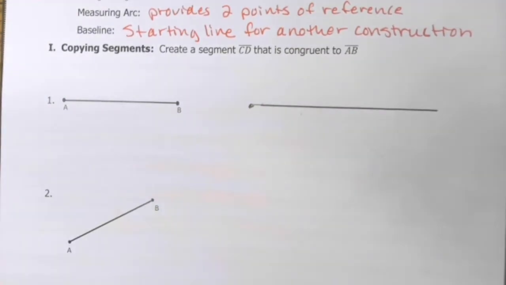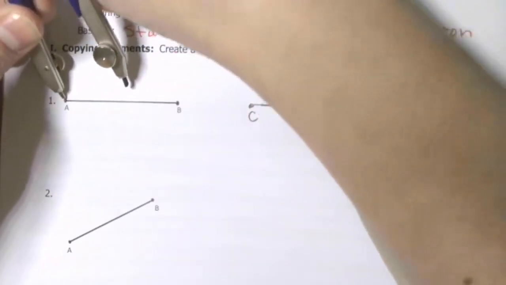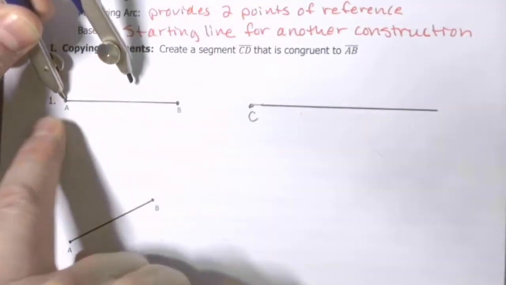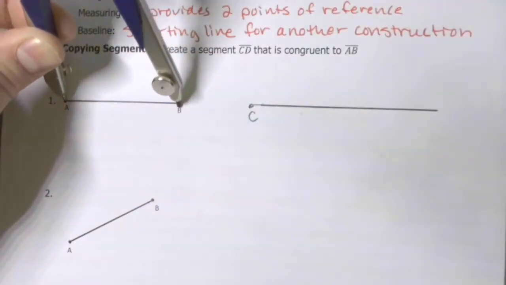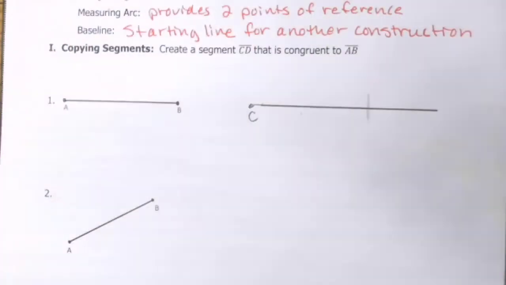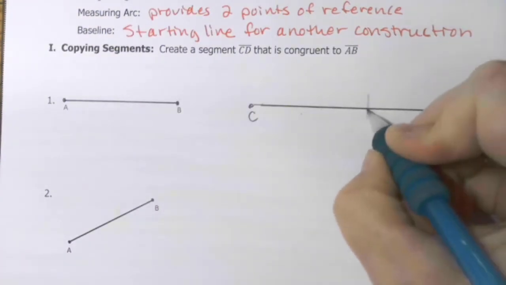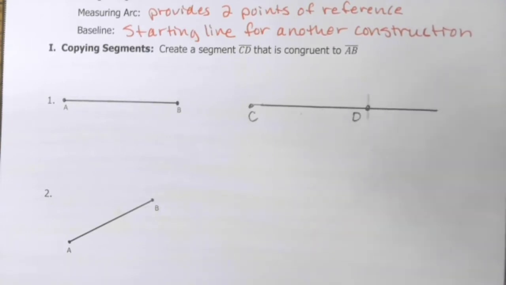Name one corner of your baseline as C. Now we're going to use our compass to measure the distance from A to B. So put your stylus on A, that's the pokey part, and your pencil on B. Then when you have it to the correct size, lift, put your stylus on C, and make a mark on your line. This we're going to label as D. And again, don't erase that mark, that's your construction mark.